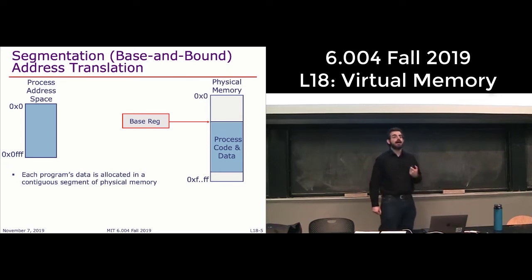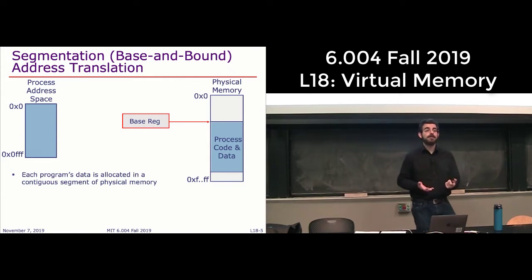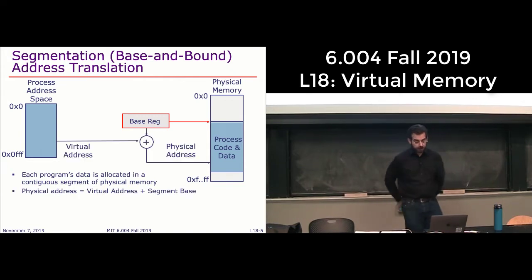And every time the process issues a memory reference, right, every time it does a load or a store or fetches an instruction, we will translate from the virtual address to the physical address by adding the base register.